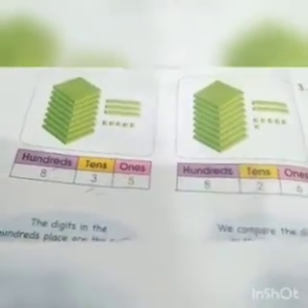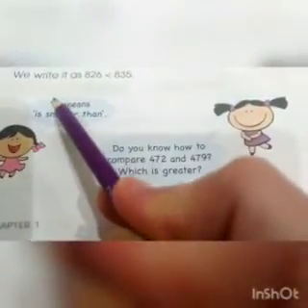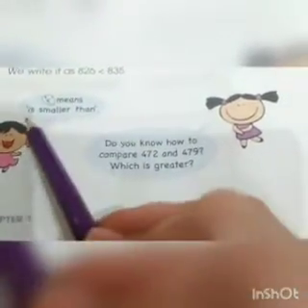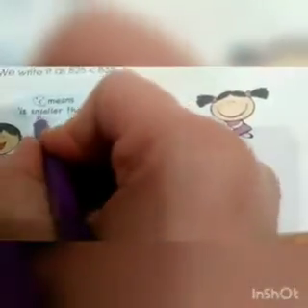Okay, class, this sign means is smaller than, or less than.